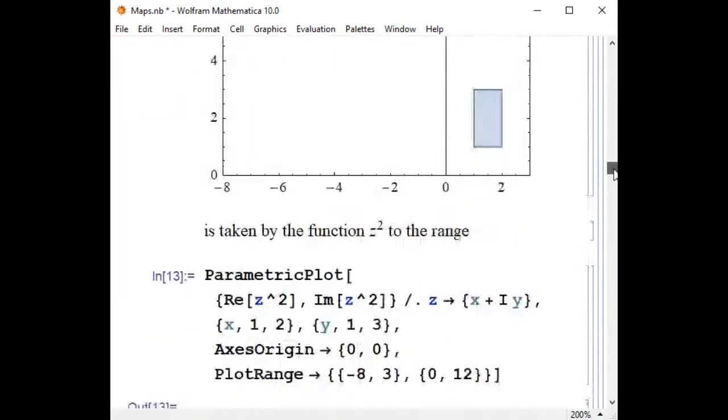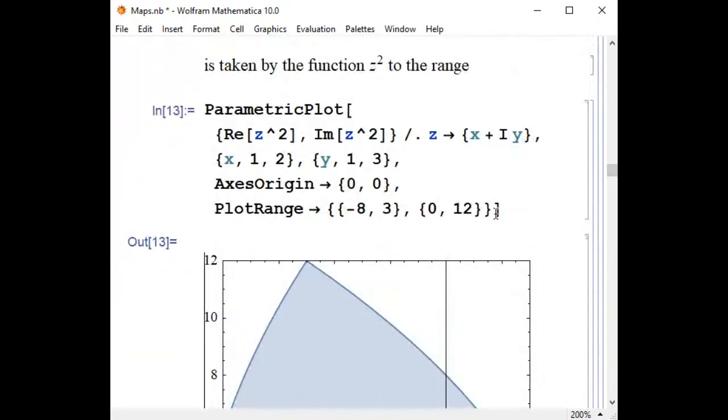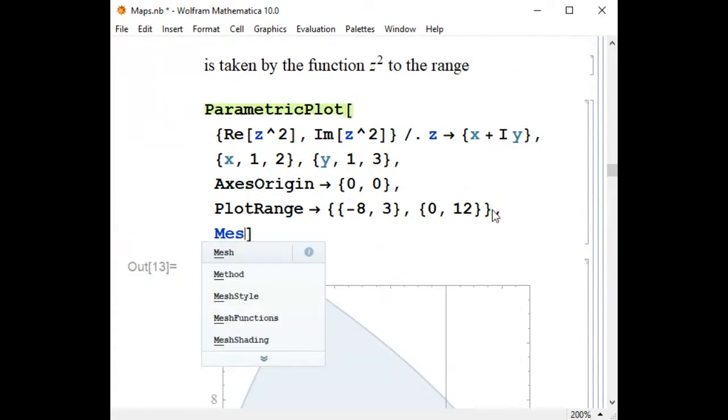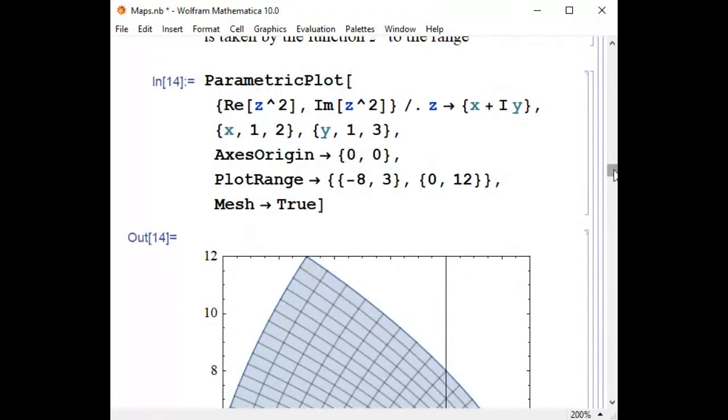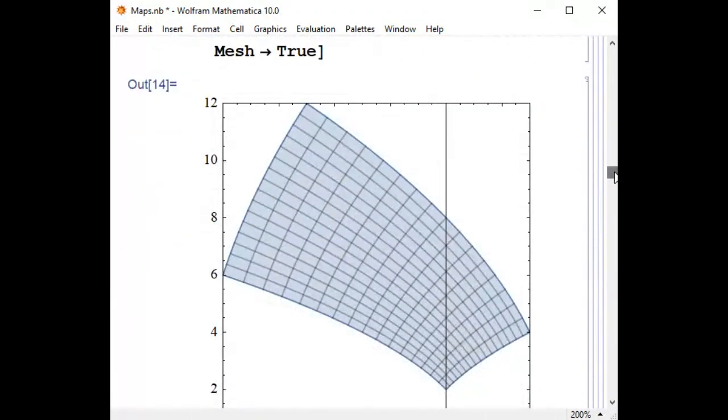Okay? Now, if you look at a mesh for this, these curves represent curves of constant x and constant y in the input plane. All right? And if you look at them, you'll see that they are perpendicular.